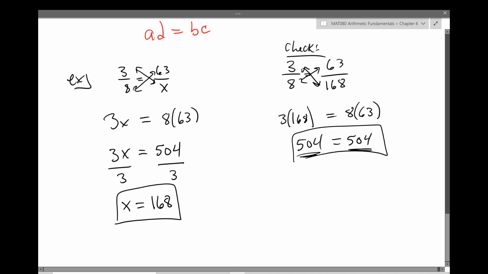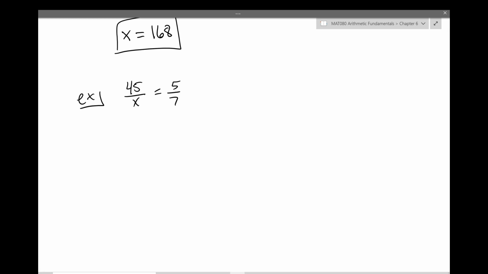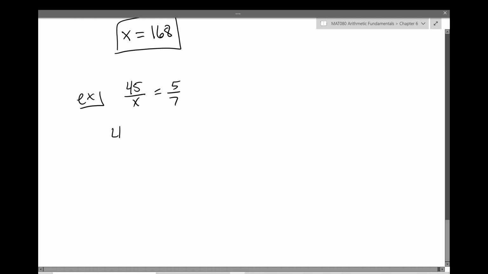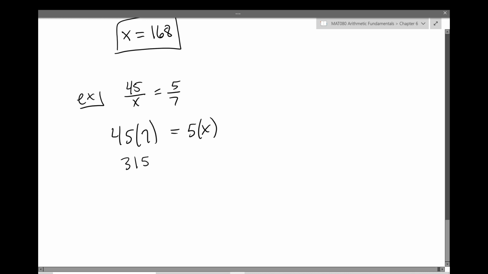All right, let's try another one here. Okay, 45 over x equals 5 over 7. Now, I want you to see here, when I cross multiply, every single time I write it out. I don't do any shortcuts here. So now 45 times 7 is going to be 315 equals 5x.